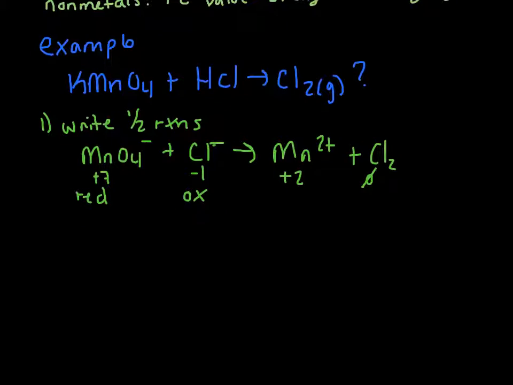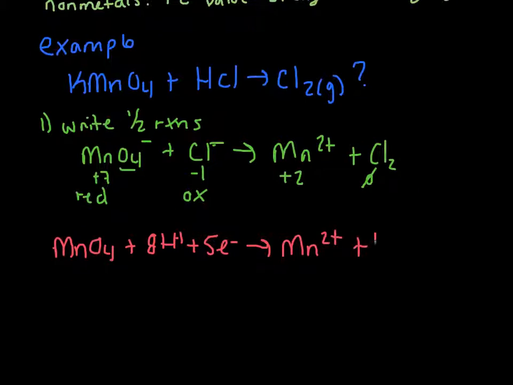Then using 9.2, because we have this little pesky oxygen here, write their appropriate half reactions. I'm not going to go through and do the work, but the resulting answers are MnO4 minus plus 8 hydrogens plus 5 electrons gives you Mn2+ plus 4 waters.